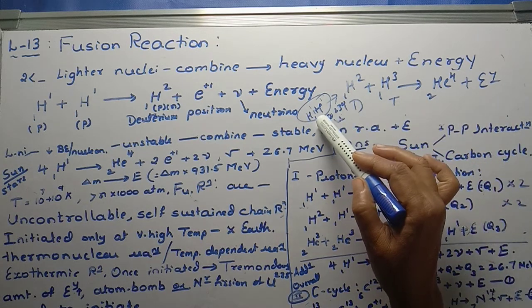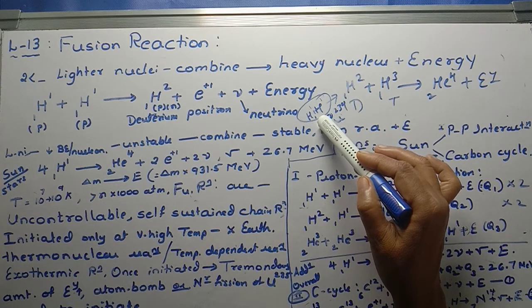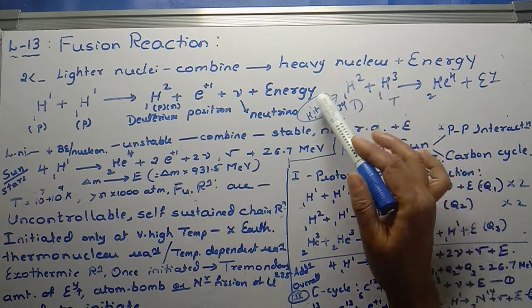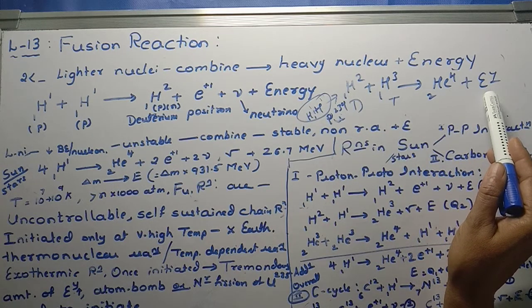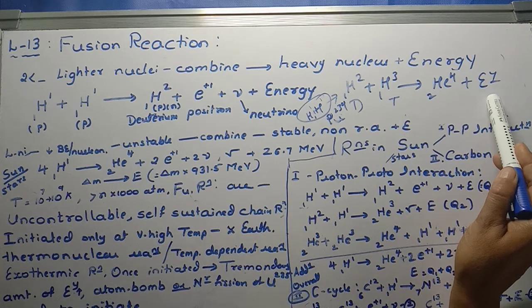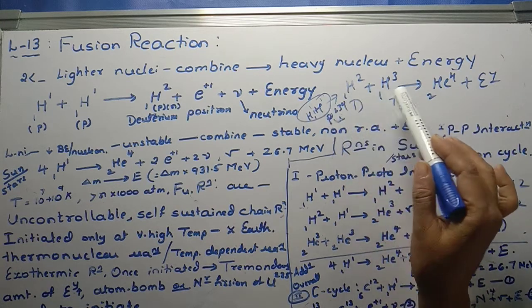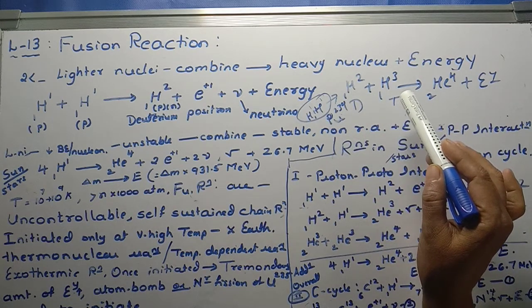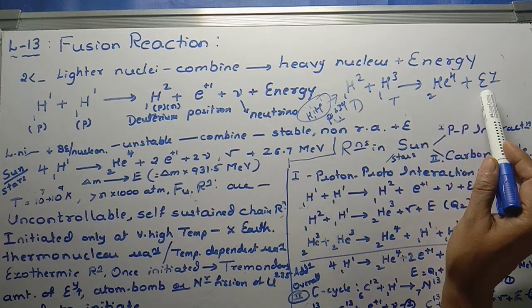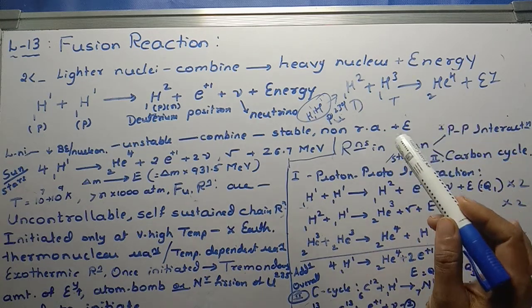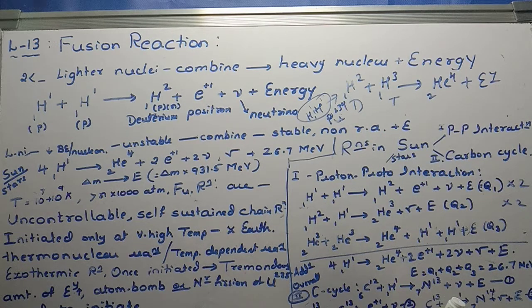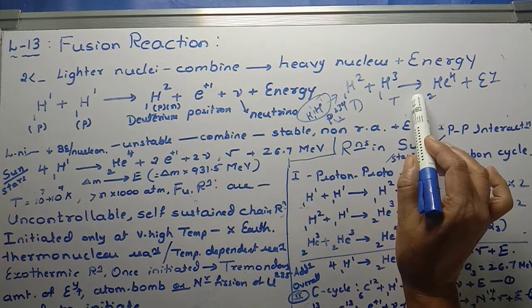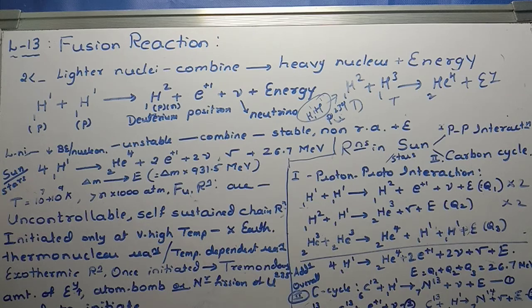Once the reaction is started, within a fraction of a second the whole reaction is completed. With the liberation of a very large amount of energy all of a sudden, there will be a blast or explosion. This is the principle behind the hydrogen bomb.